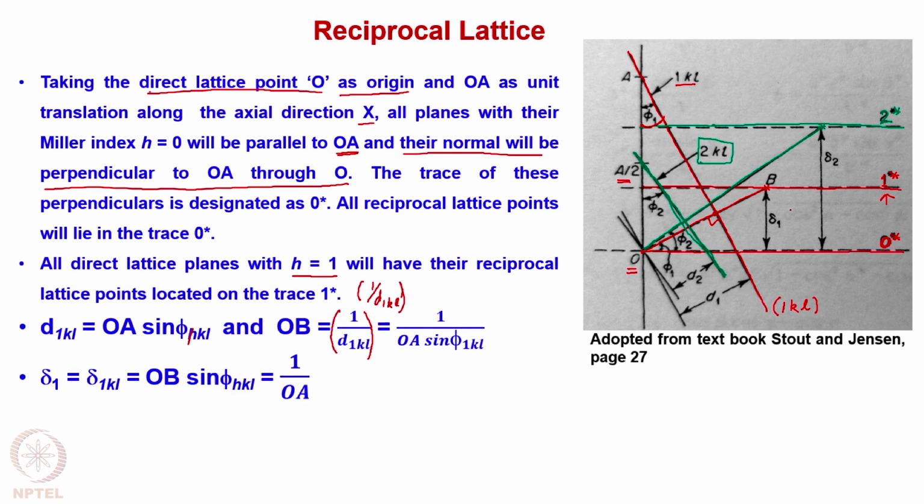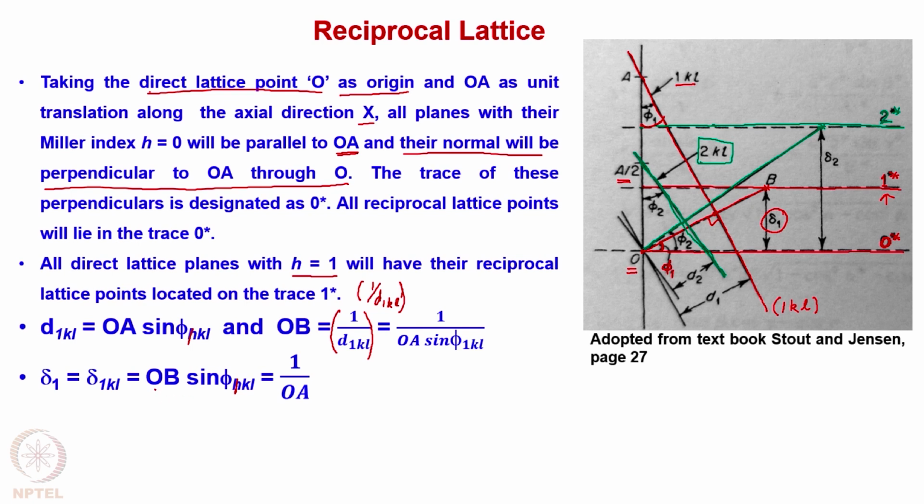Now if we want to know the value of delta 1, which is delta 1KL, it is nothing but OB sine phi HKL, or rather sine phi 1KL, because if that angle is phi 1, the angle here is also phi 1.